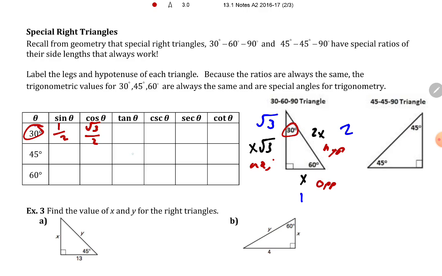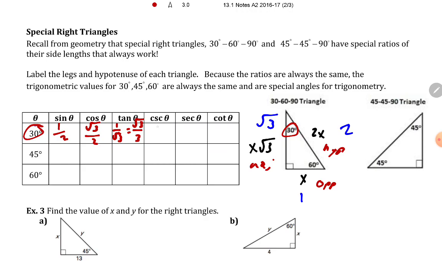Tangent would be opposite over adjacent, so this would be 1 over the square root of 3, but remember we don't like having square roots in the denominator, so we multiply both top and bottom by square root of 3, and we'll get square root of 3 over 3.